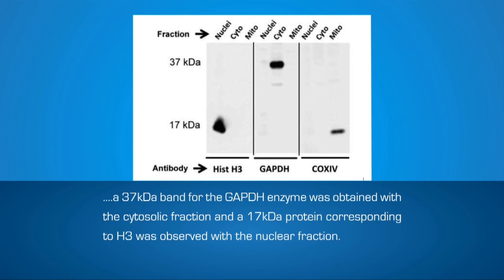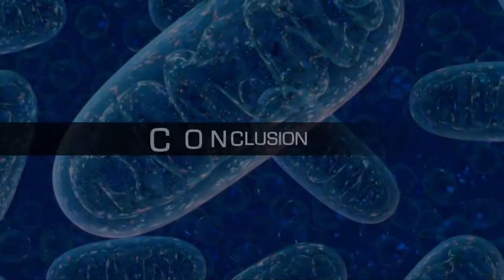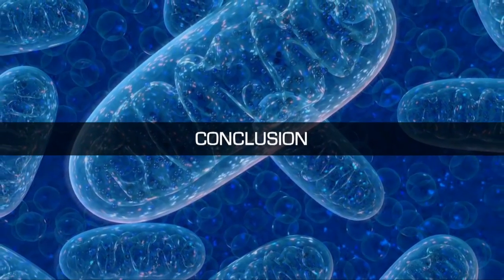In conclusion, after lysis of the cells of rat liver and subsequent fractionation by differential centrifugation, the cytosolic, nuclear, and mitochondrial fractions were analyzed with Western blot to detect specific proteins that are exclusively present in the three fractions.